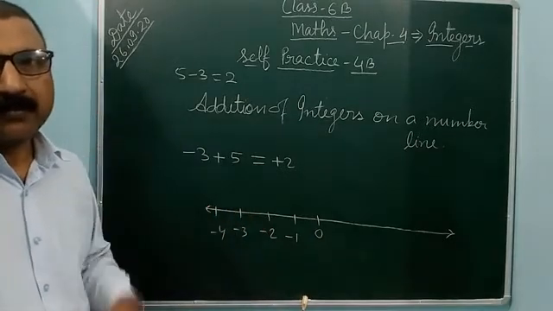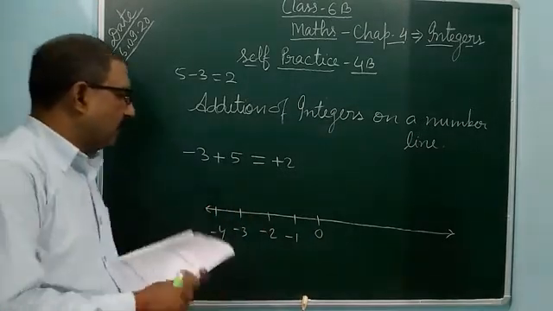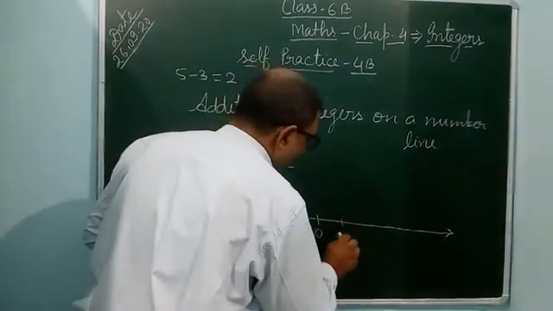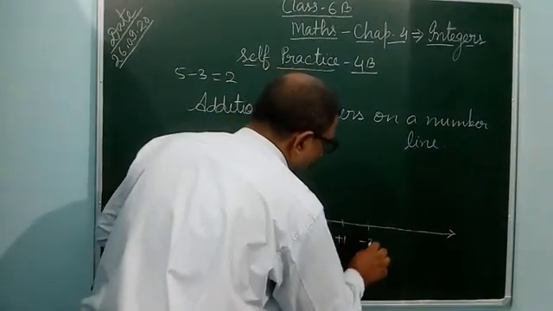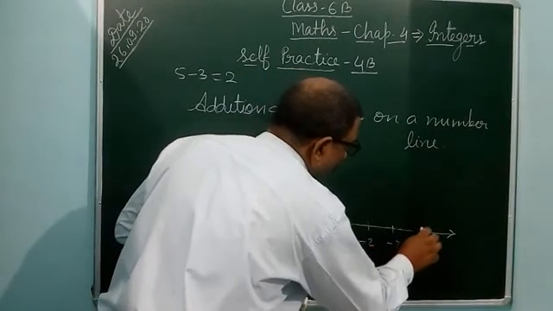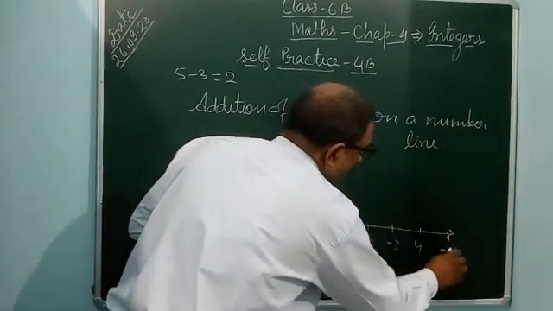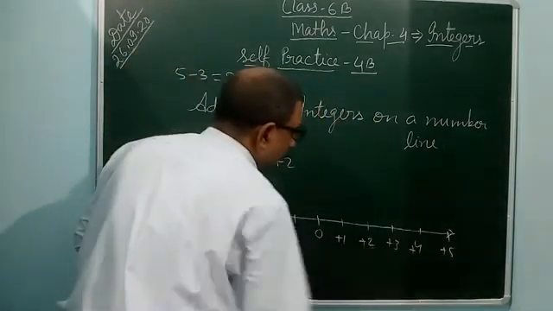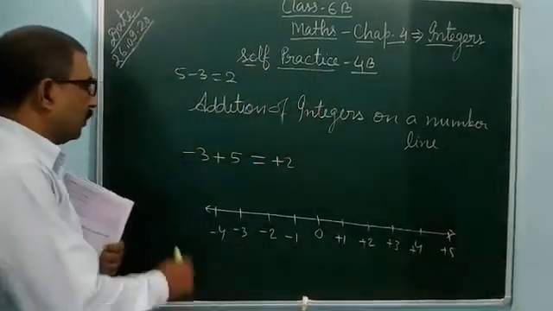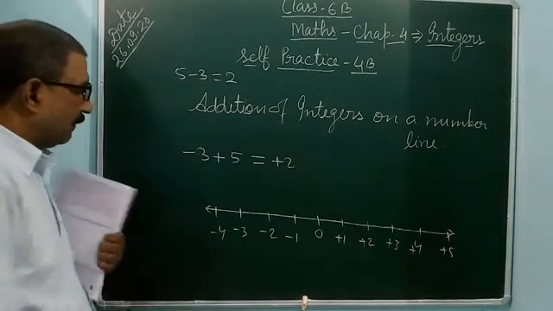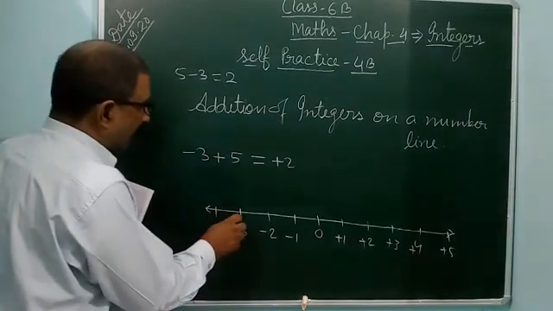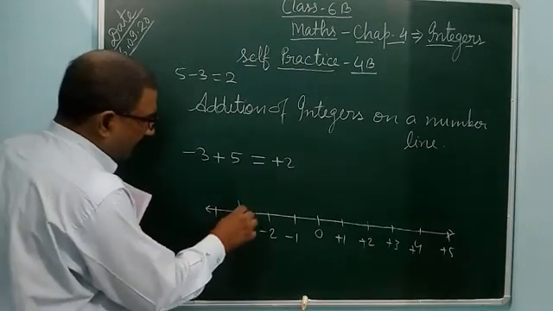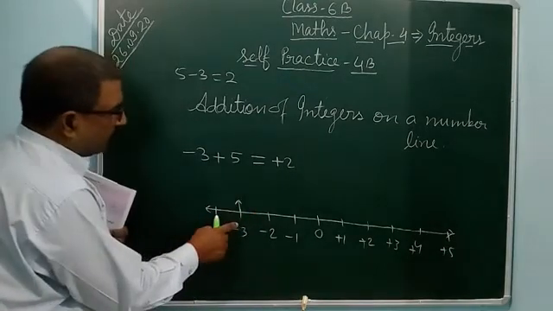Don't make different types of gaps. After that, minus 3 is here. Minus 3 plus 5: from minus 3 we go to plus 5.